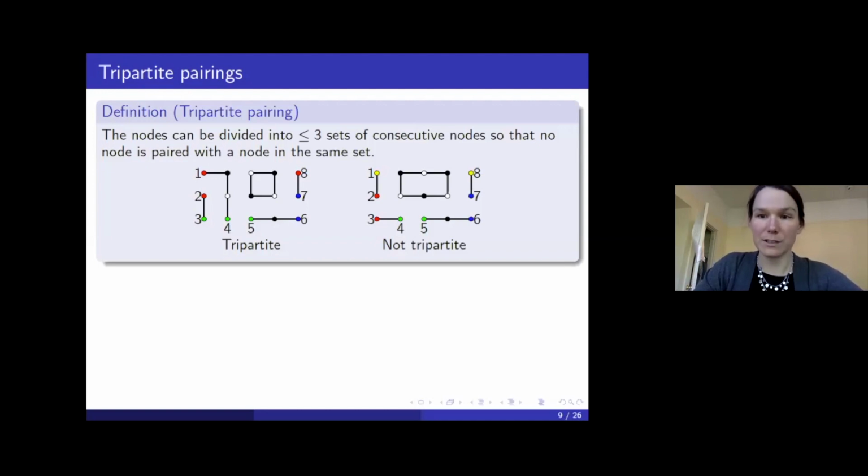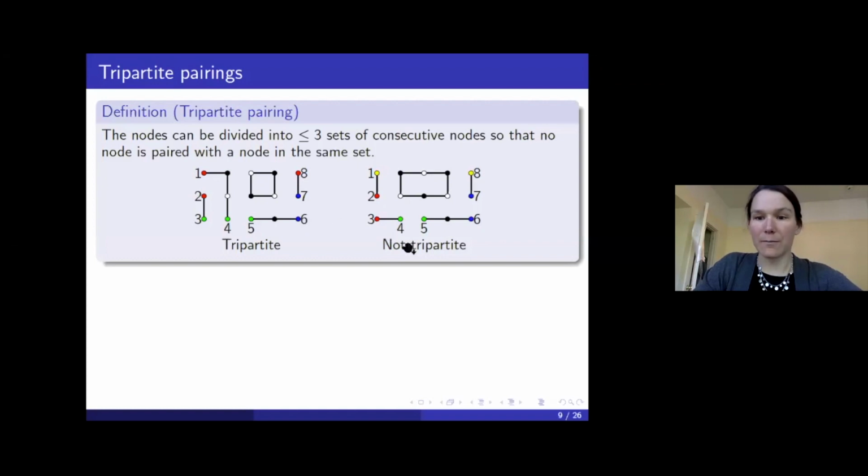And the way we visualize tripartite pairings is by coloring the sets of nodes. So the pairing on the left is tripartite because the nodes can be colored consecutively red, green, and blue, so that no node is paired with a node of the same color.